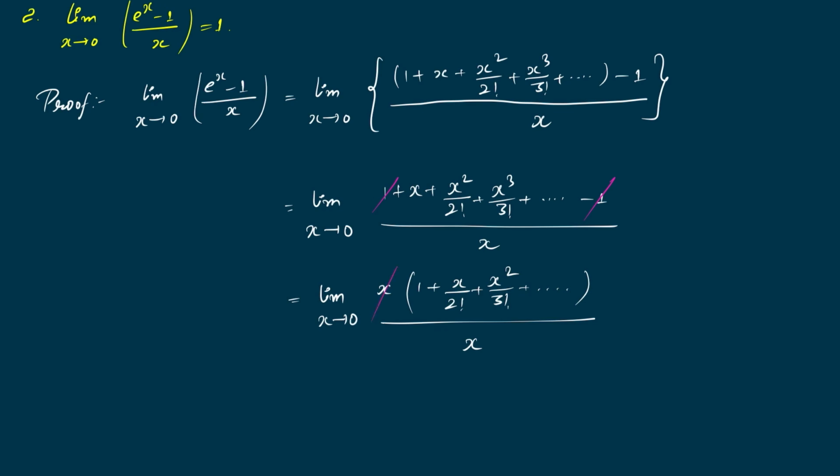Now the numerator x and denominator x will get cancelled, so we will be remaining simply with limit x tends to 0, 1 plus x by 2 factorial plus x square by 3 factorial plus up to infinity. Now we will put the value of x equals 0 in these terms. So 1 plus 0 by 2 factorial plus 0 by 3 factorial plus up to infinity, so this will finally give me 1. So hence the theorem follows.